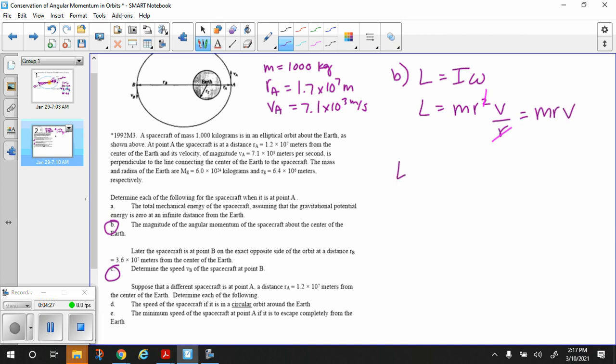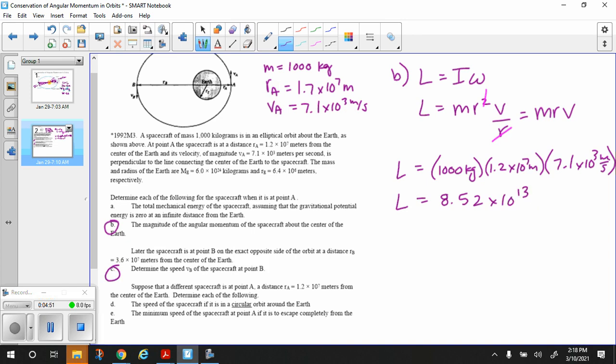So we plug in numbers, and we get 1,000 kilograms times the radius, which is 1.2 times 10 to the 7th meters, times the velocity, which is 7.1 times 10 to the 3rd meters per second. So then when we multiply that out, we get 8.52 times 10 to the 13th kilogram meters squared per second.